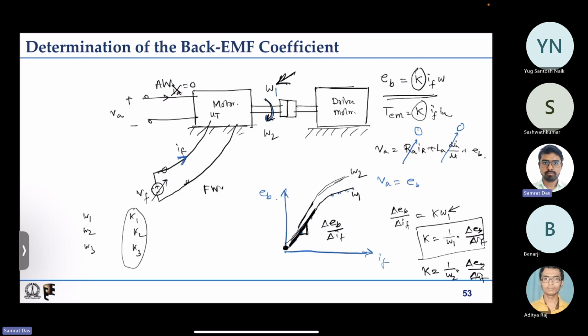Earlier you needed some driver motor to drive it, because this motor alone will not generate any torque, as we are keeping the armature open. So this driver is running the motor and taking it to some speed, and you are measuring the induced EMF.